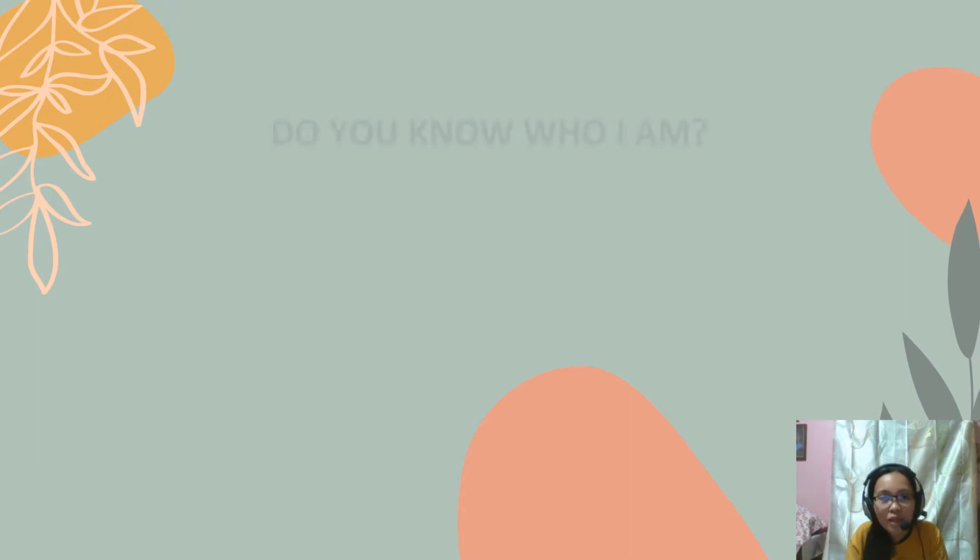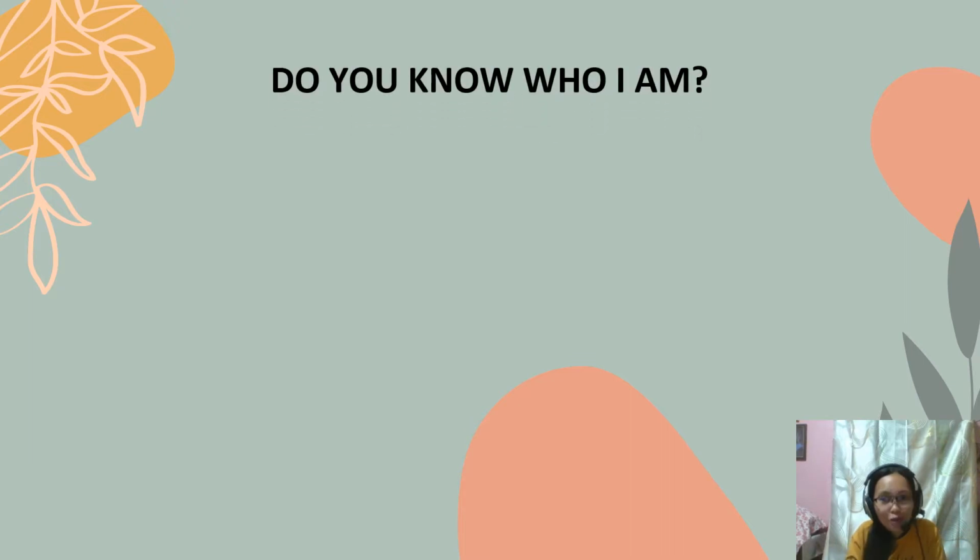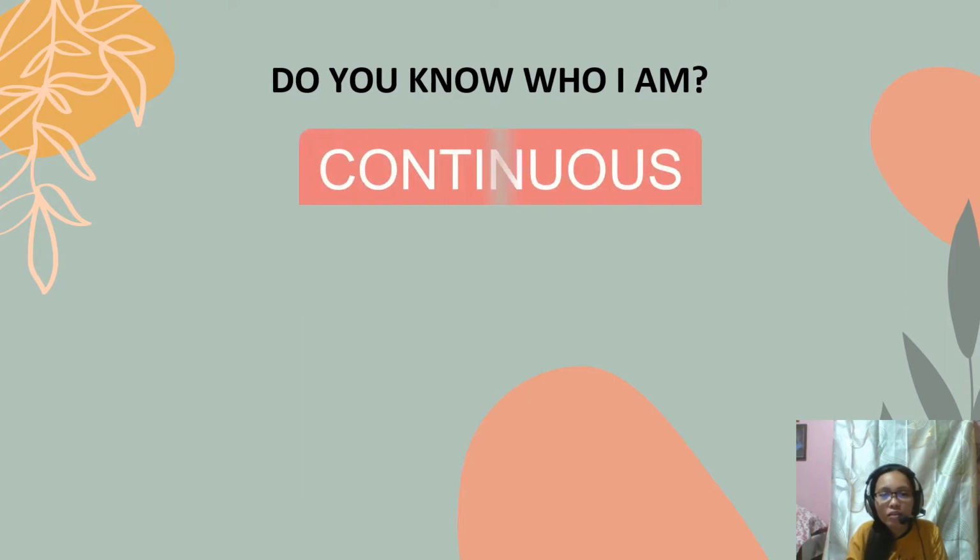This is entitled Do You Know Who I Am? The word here is continuous. Do you know what's the meaning of continuous? Or how do you understand that word? Or what comes into your mind when you hear the word continuous?